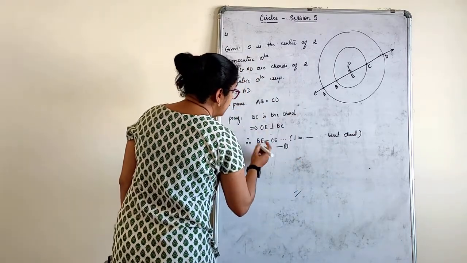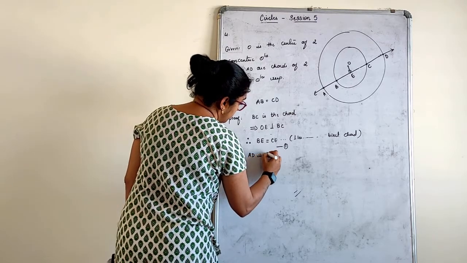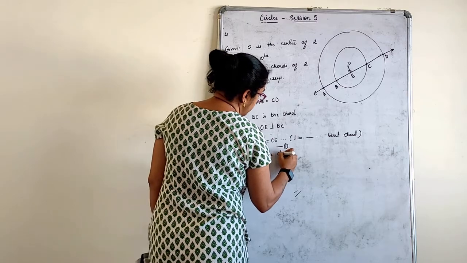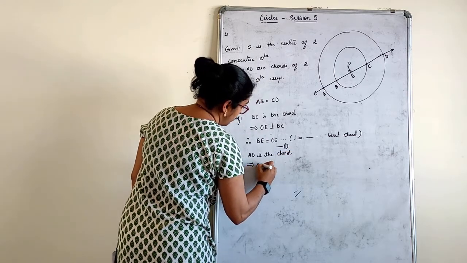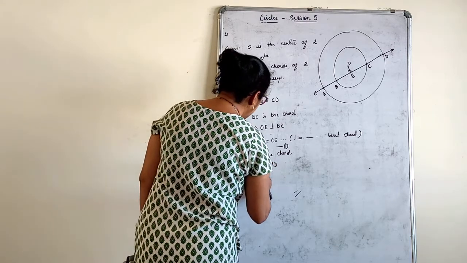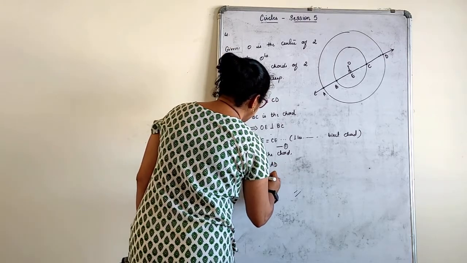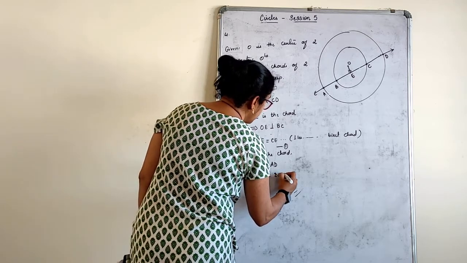Again I will write, AD is the chord, this implies OE is perpendicular to AD. Therefore, AE is equal to DE.